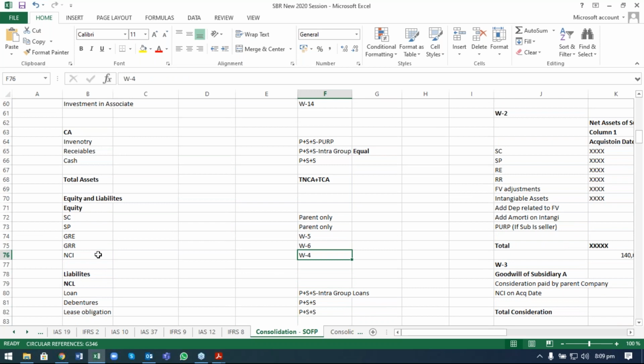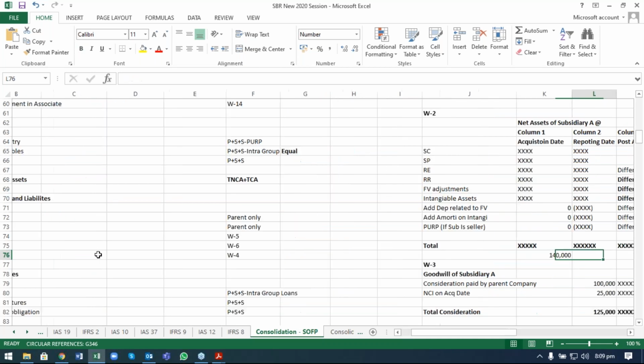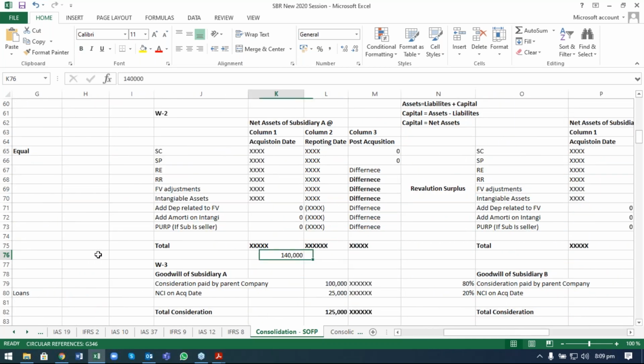So NCI should be added up for all the subsidiaries within the working number 4 you have performed, right? I hope it's clear how multiple subsidiaries should be accounted for within the consolidated financial statements.